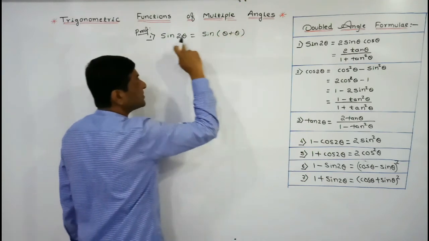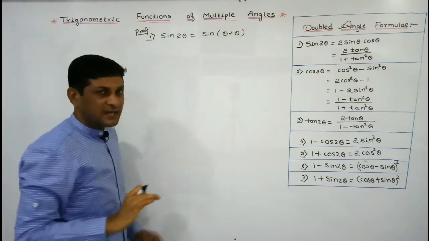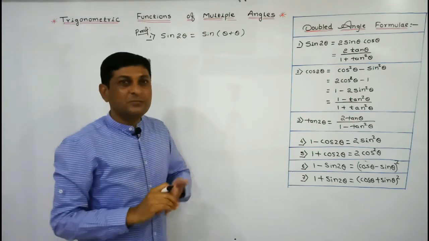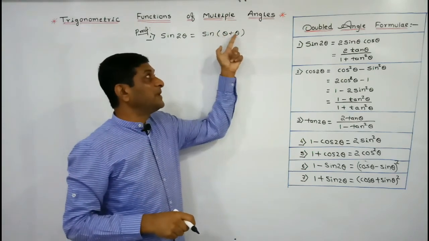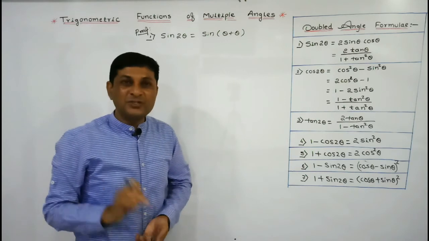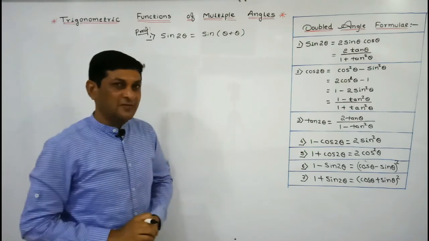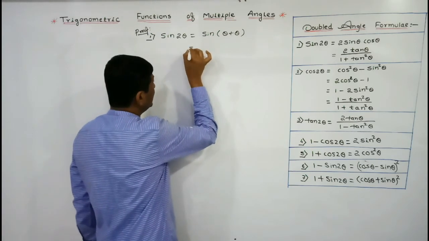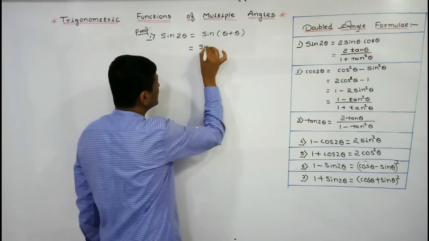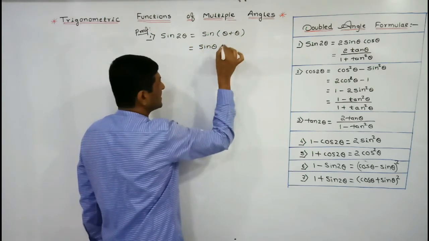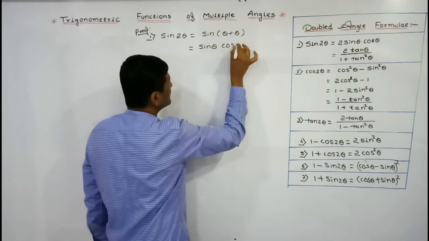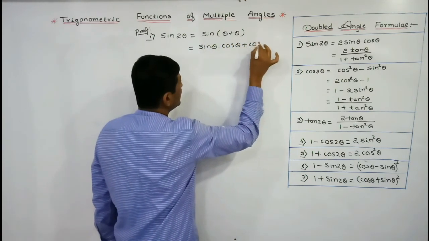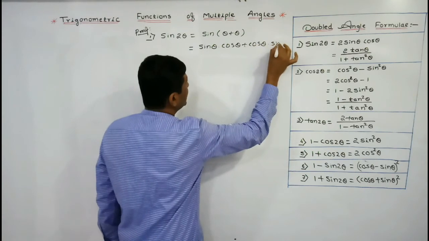Yes, 2 theta can be split up as theta plus theta. Just we are trying to arrange the term in the form of sine a plus b. So means we are arranging the term in the form of compound angle formula, which are also called addition subtraction formulas. So sine a plus b will be equal to sine a, where a is theta and b is also theta, into cos b plus cos a into sine b.